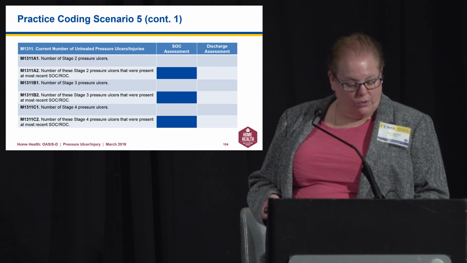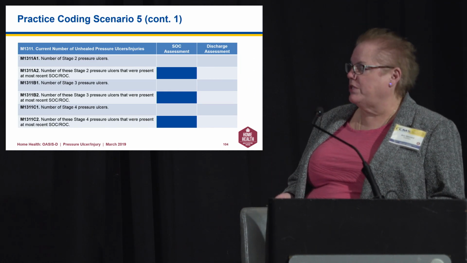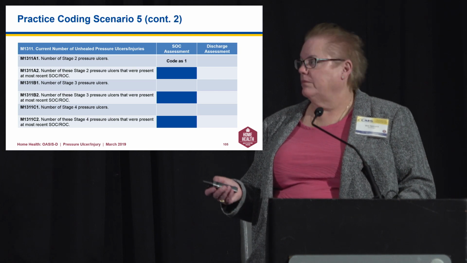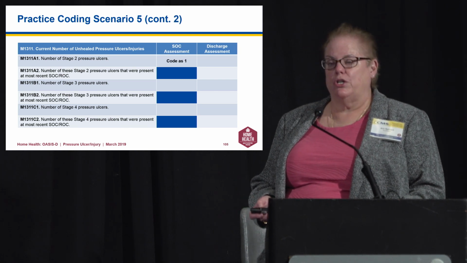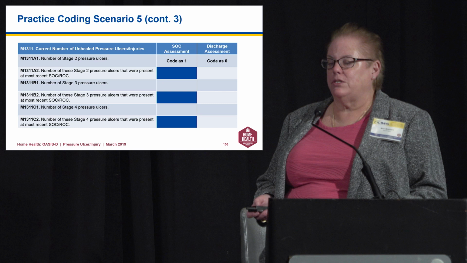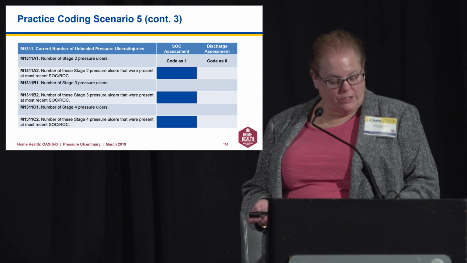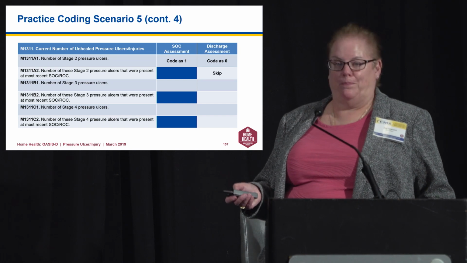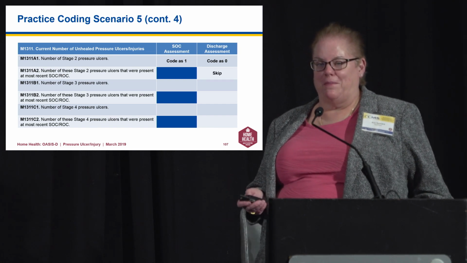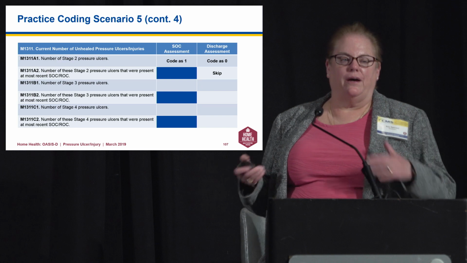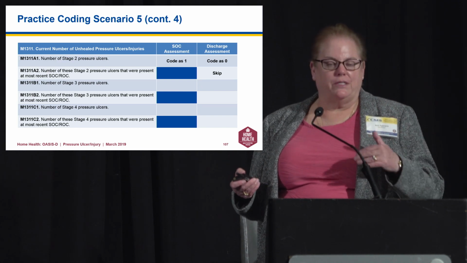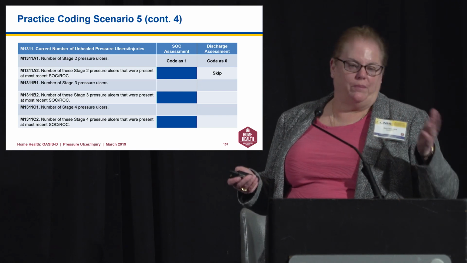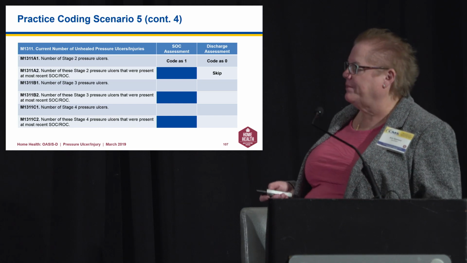So here we're looking at the number of stage 2 pressure ulcers at the start of care. Right. How many at discharge? Right. So the next question is the number of the stage 3 pressure ulcers that were present. Skip. We'll get you guys to say skip at some point. But again, if this was in a computer system, the technology would put an automatic skip pattern for you. It makes your life a lot easier, okay?